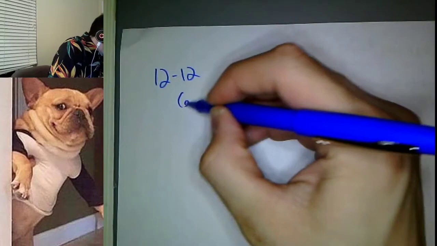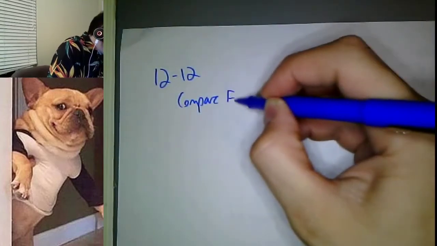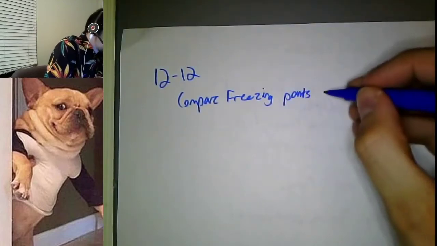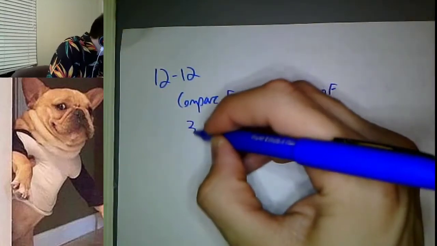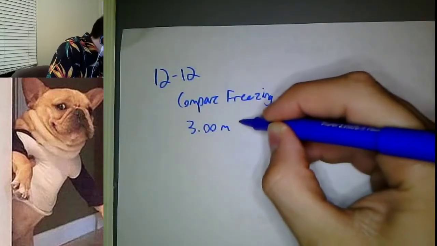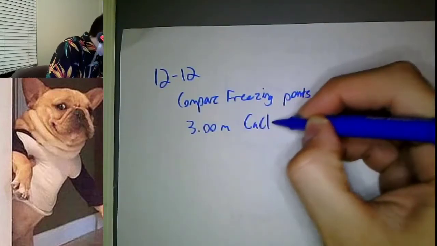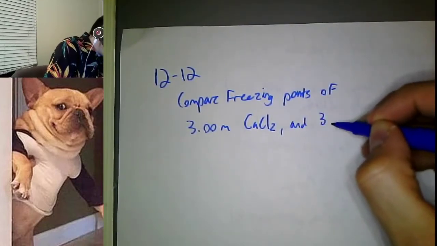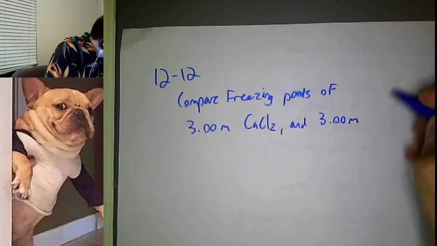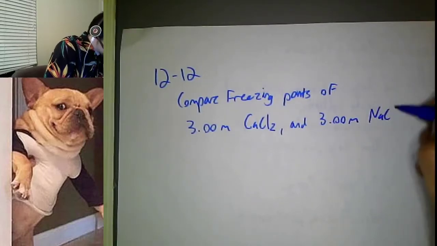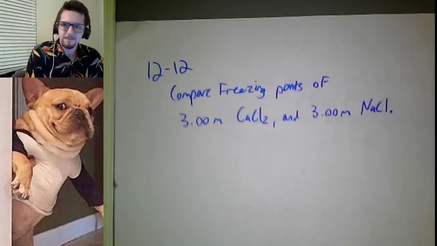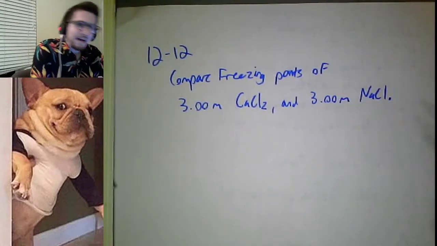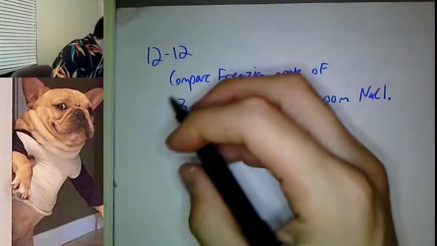It says compare the freezing points of a 3 molal calcium chloride solution and a 3 molal sodium chloride solution. Okay. So what the heck are we supposed to do here?